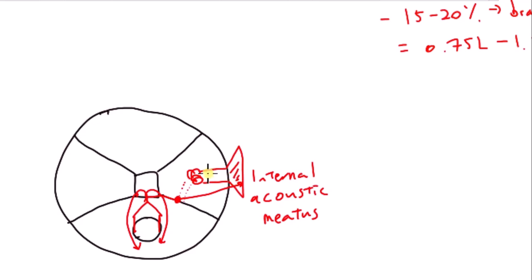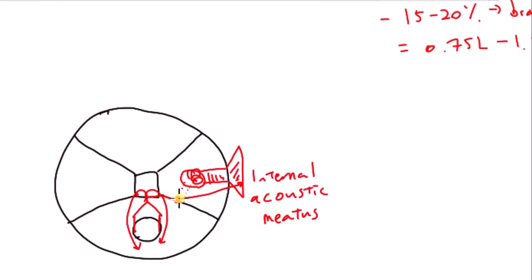External ear, middle ear, inner ear. And yeah, so through the internal acoustic meatus, the labyrinthine artery goes through and supplies the inner ear.